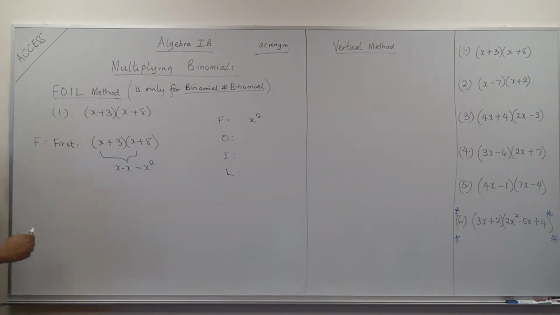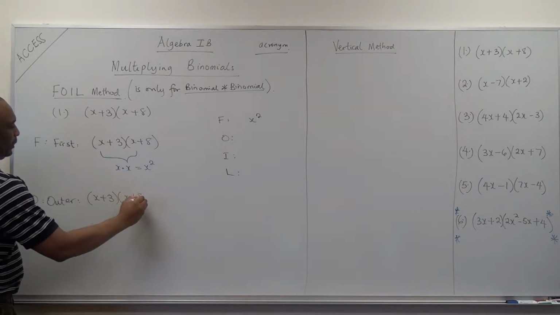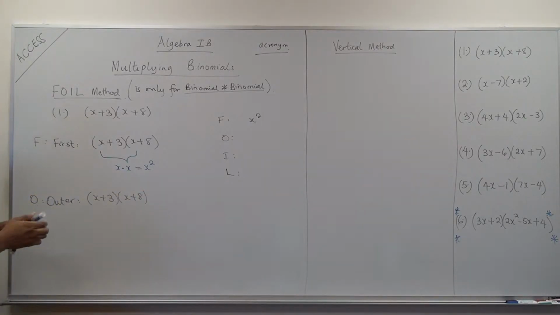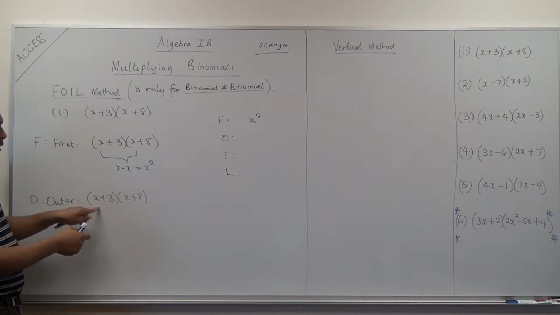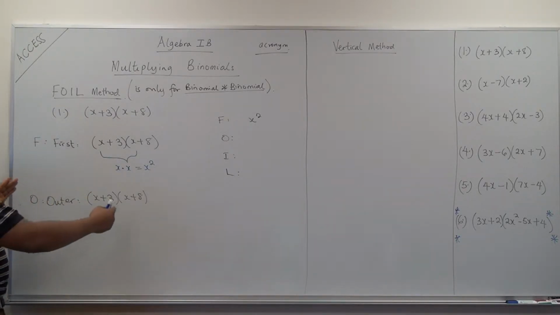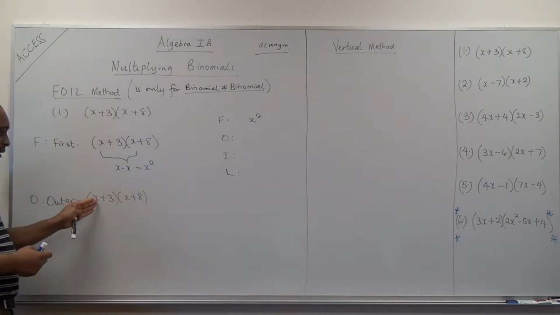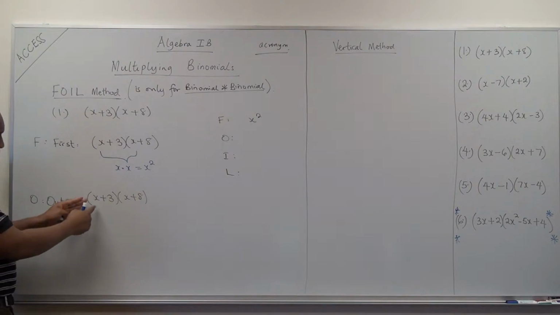Then the O is outer. X plus 3 times x plus 8. Now this means in these 2 binomials, the outer person, because this is also the first guy but he is on the outer, in the first binomial is x here.